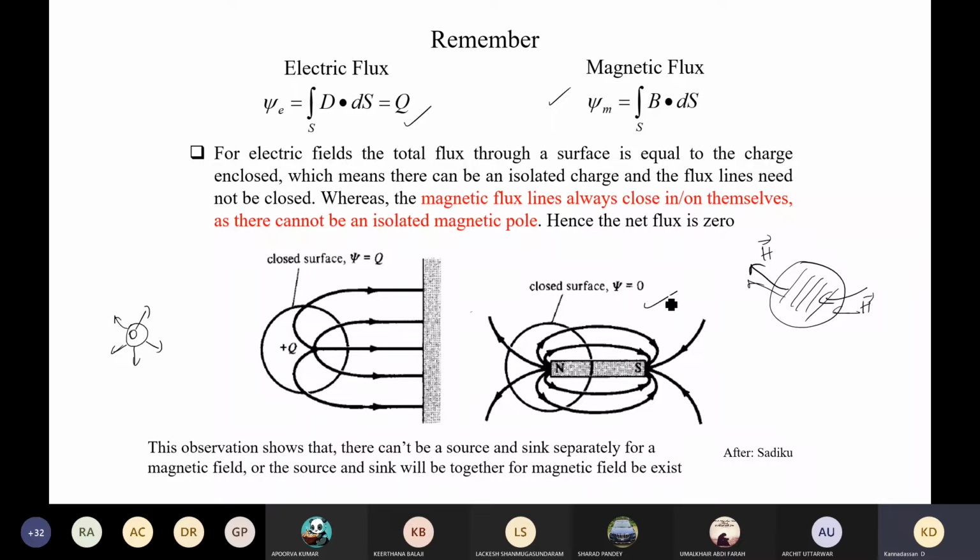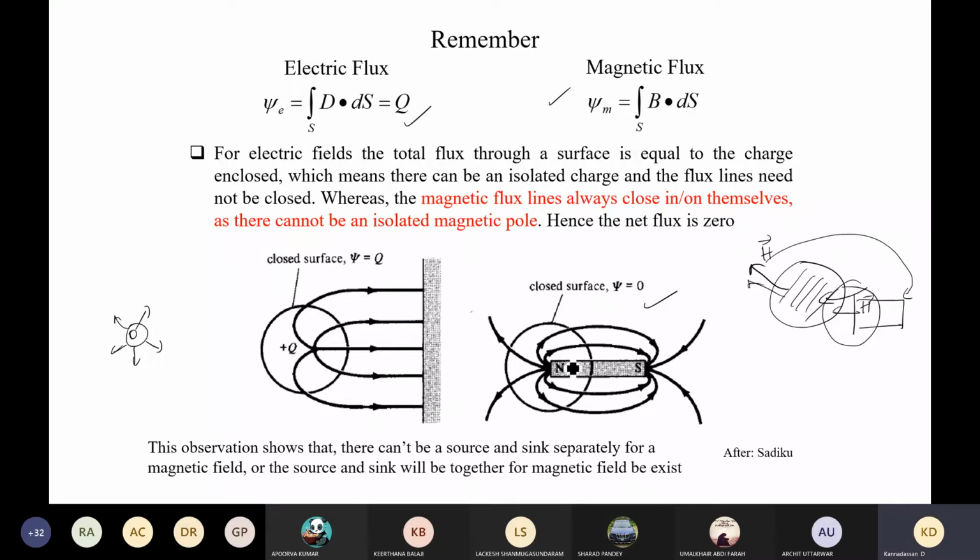So that is why in a finite closed path, if you try to calculate the magnetic field from a particular source, then obviously you will get zero. It also tells that at any particular point or from the source, you will find both the source field and the sink field there.